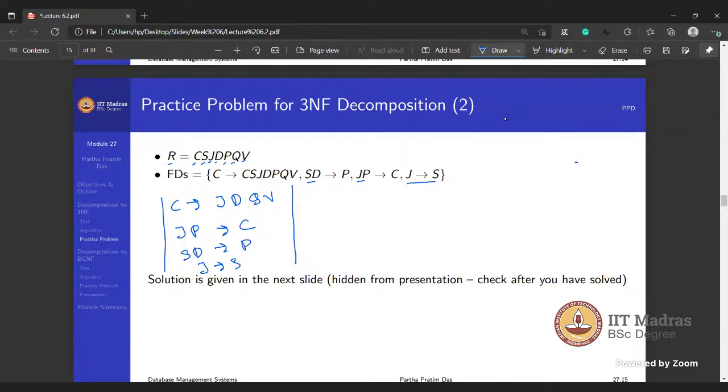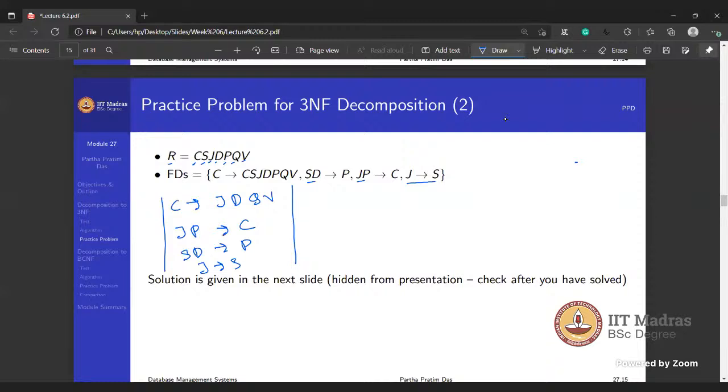Okay, so first we remove the extraneous attributes, then we remove the redundant functional dependencies, and after that we get the resultant functional dependency set. So this is the canonical cover, right? Actually, we didn't find any redundant functional dependency, I mean extraneous attribute.